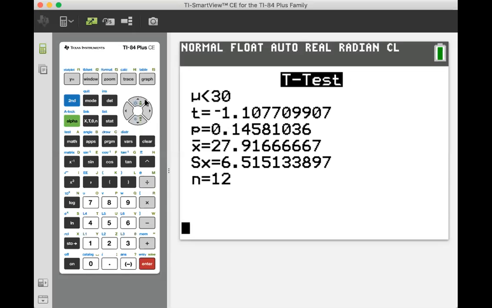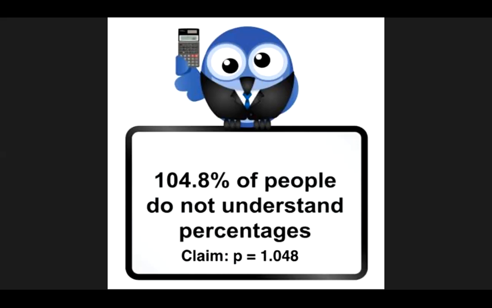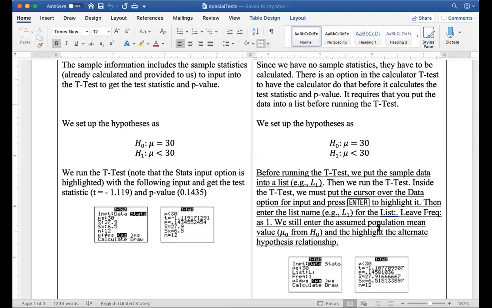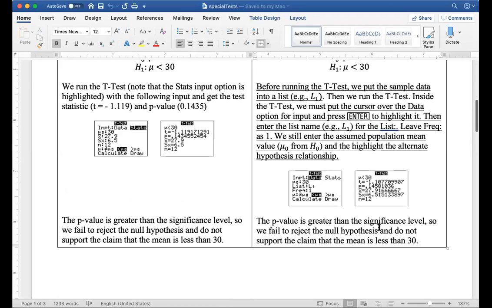So if we use those, let's go back to the document. When we use those, we're still going to get the same results. We're still going to see that the p-value is greater than alpha, and therefore we'll fail to reject H0 and have the same conclusion.